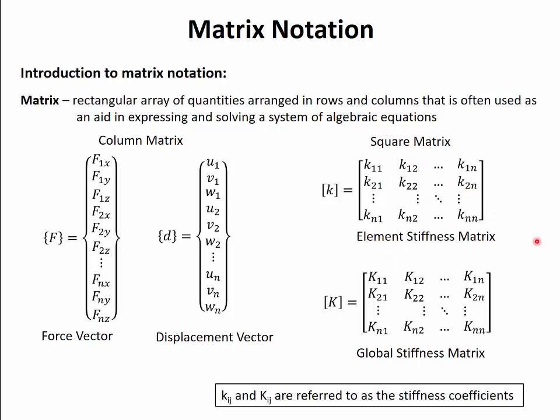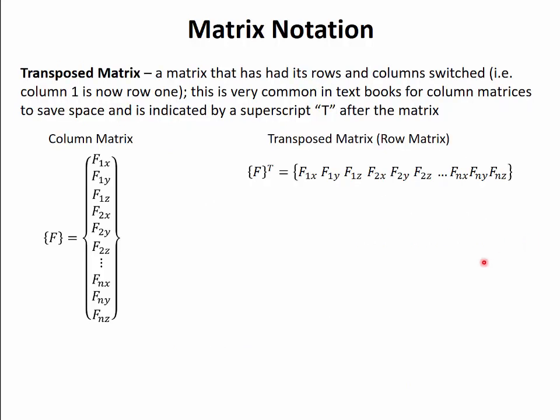Okay, so a little bit more about matrix notation. Something that's important is what we call the transpose of a matrix. A transposed matrix is where we take a matrix and exchange all the rows and the columns. You can do this for any matrix.